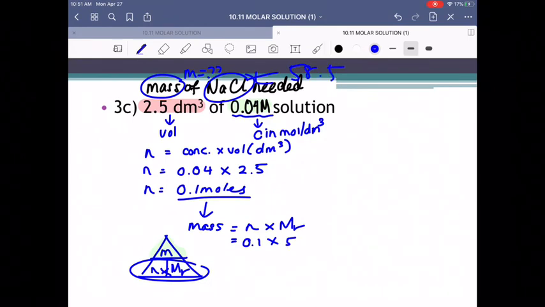So 58.5 here. So you multiply, key into your calculator, you should get 5.85 gram. Okay, so here's our final answer.